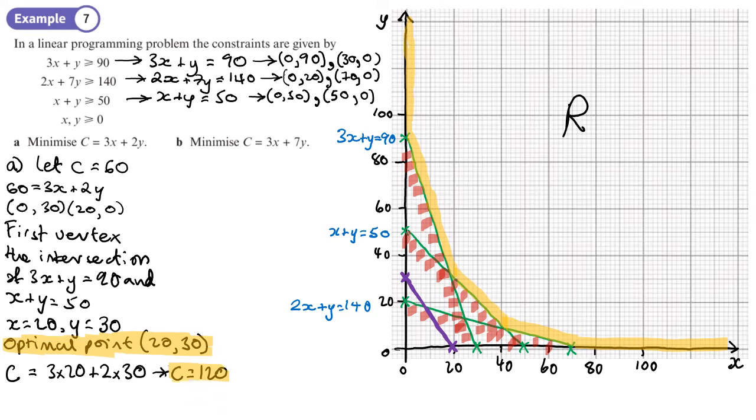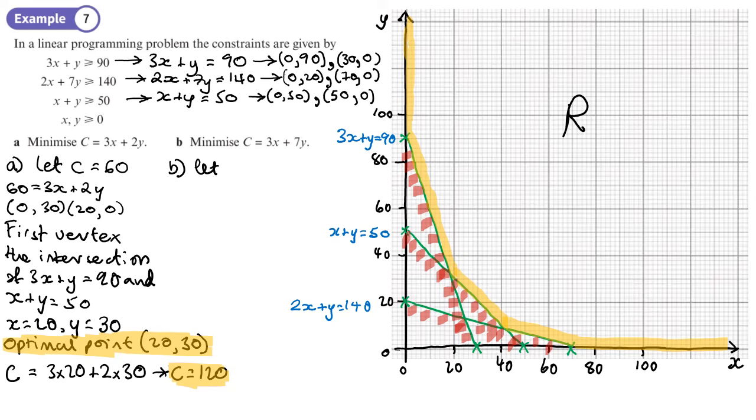Okay, so what we're going to do now is get rid of the objective line and plot a new one for part B, because in part B we have this here. On this one I'm going to let C equal 210 because I know that's going to give me 30 and 70, and I can plot those nicely on that scale.